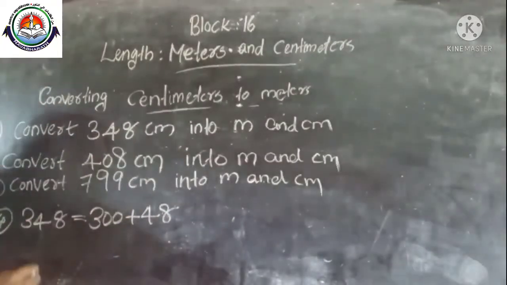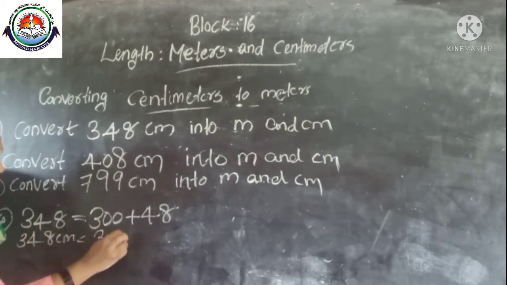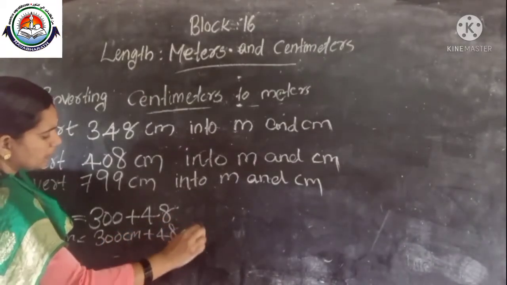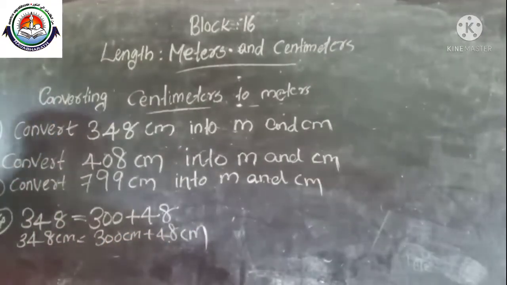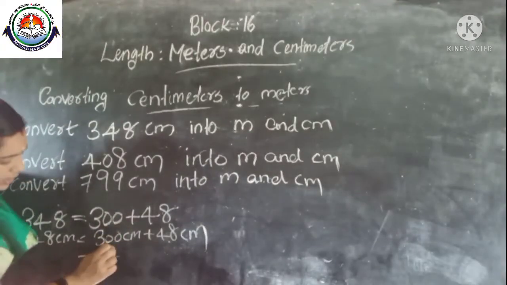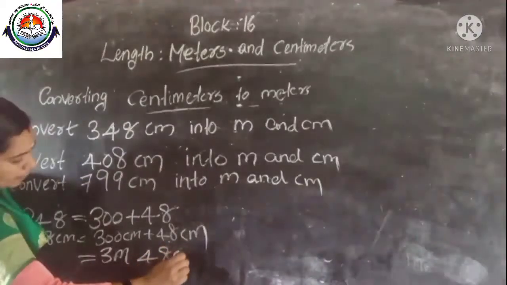So 348 centimeter we can write as 300 centimeter plus 48 centimeter. How do you convert 300 centimeter to meter? Remove those 2 zeros. 3 meter and 48 centimeter.